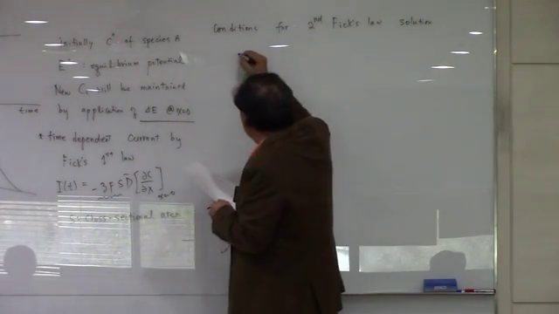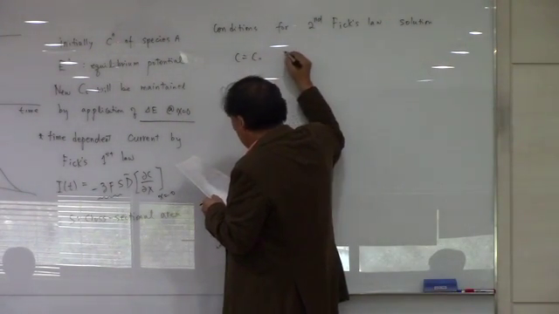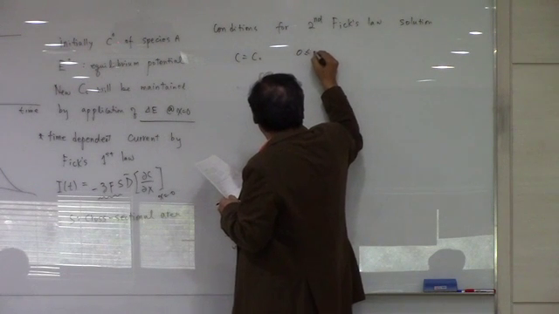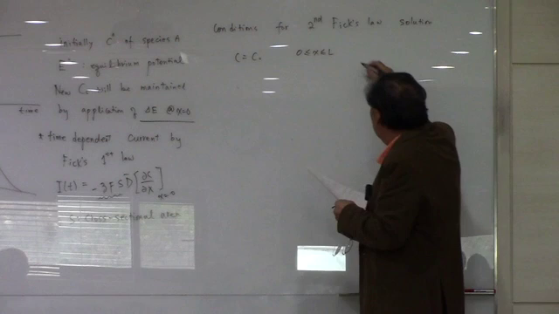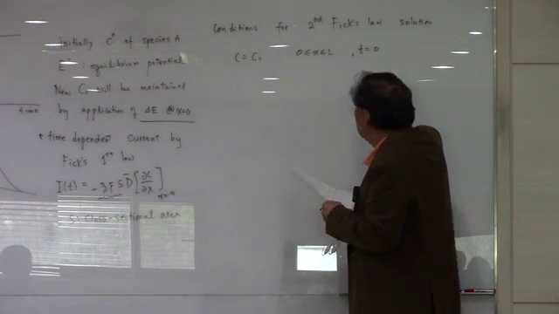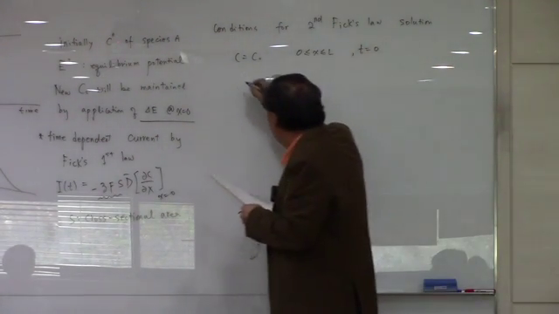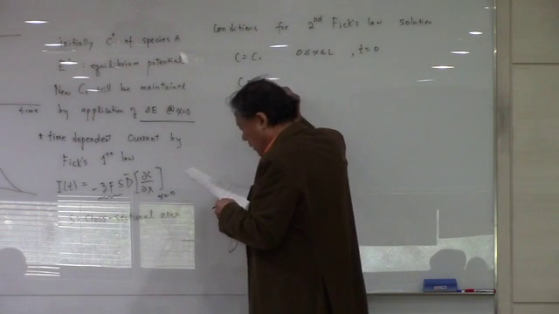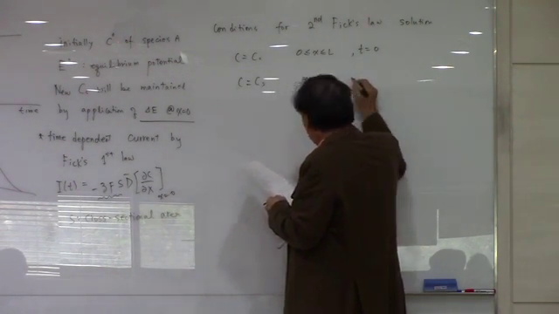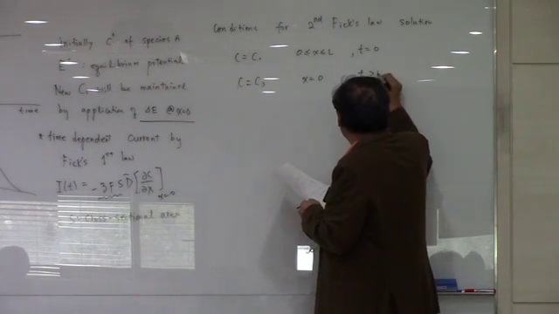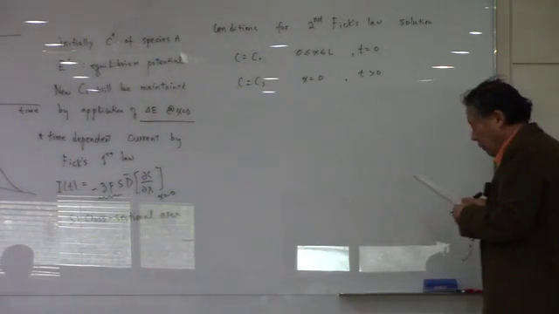Now it's going to be C equal to C naught at x equal to L. L is the length of the cathode. Initially, these are the initial conditions. And C equal to CS at x equal to 0 for the time after the application.